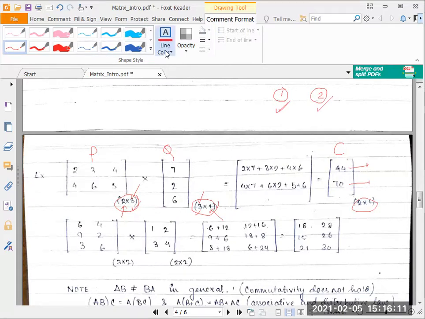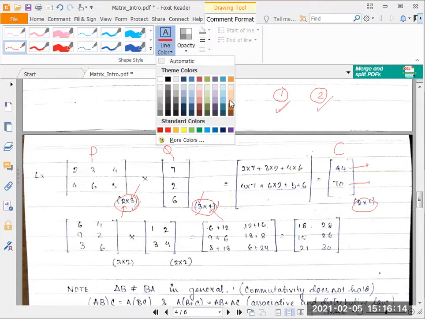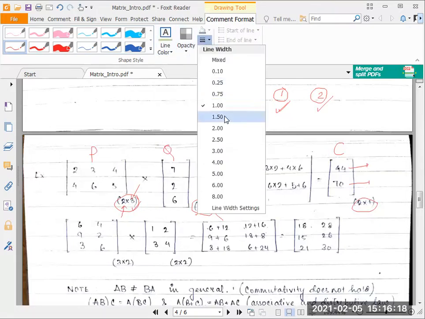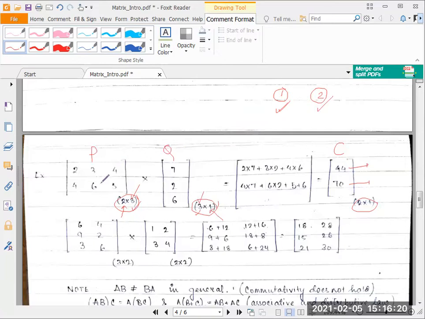Now let's look at some colors. Let's take a different color because it will be easy to note then, and let's increase the thickness as well. What I usually do is I use my finger and I first look at this direction and then I look at this direction. So I first go horizontally for the first matrix and vertically for the second matrix.